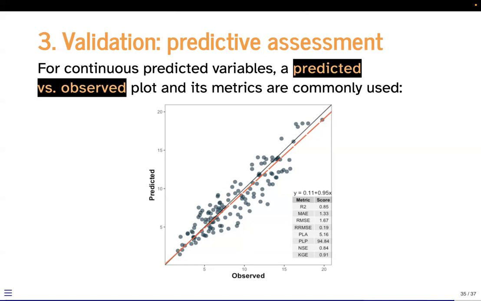So now I break this down into categories and my predicted variable is not continuous anymore, but categories. Then the whole exercise that we're doing here would be a classification exercise and not a regression.